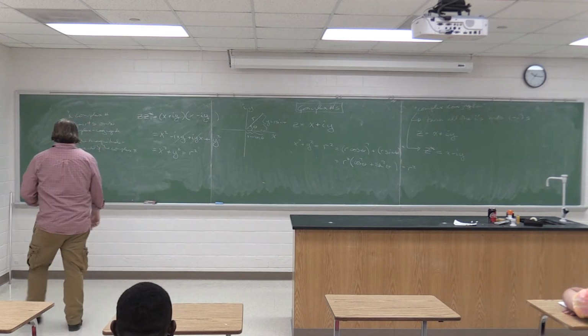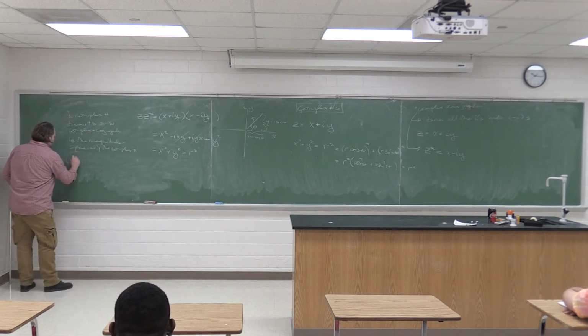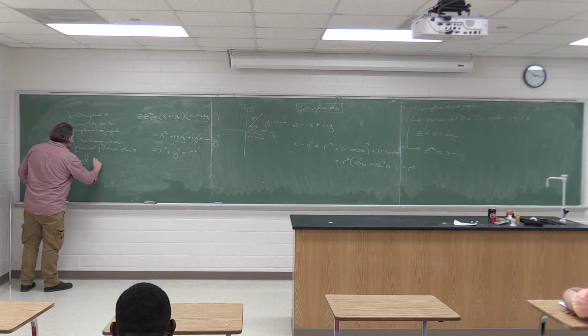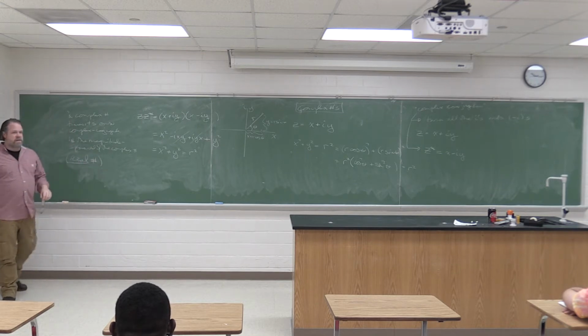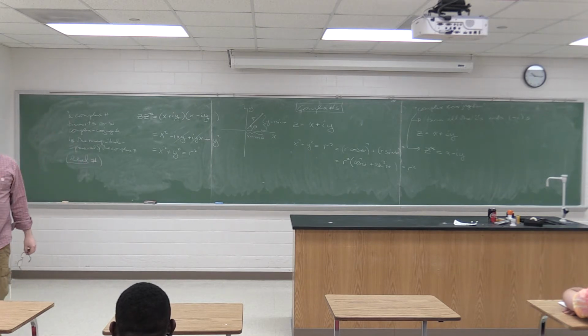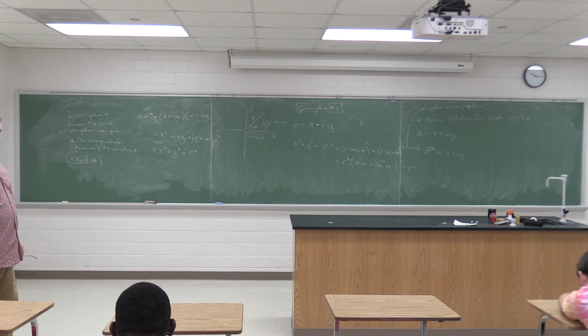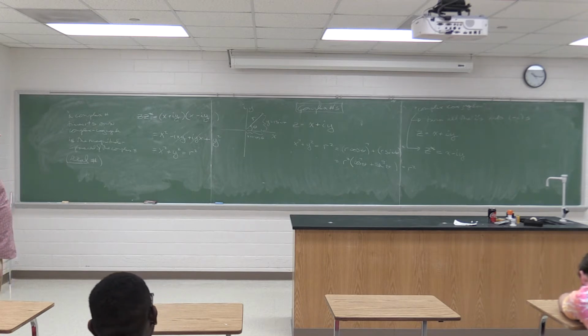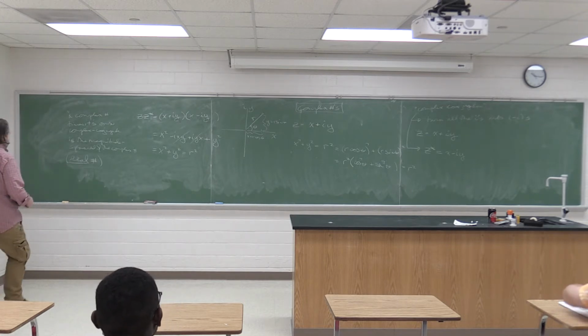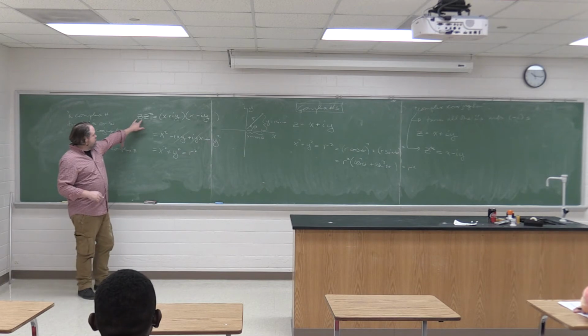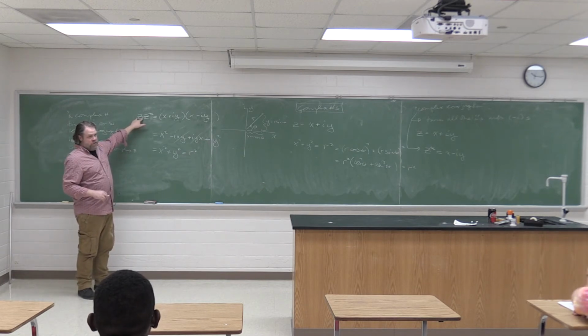Another thing to notice here is that it's a real number. A real number. Z is complex. It may be real, it may be imaginary. In general, it's both.